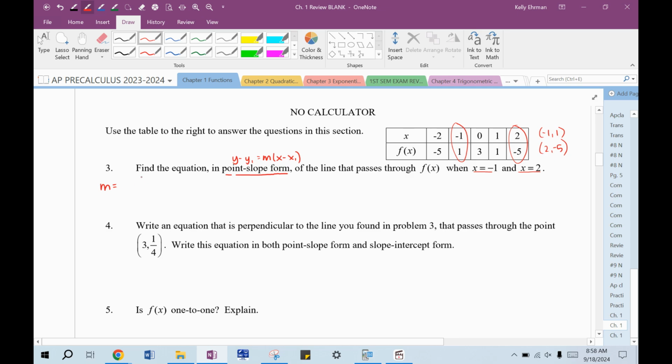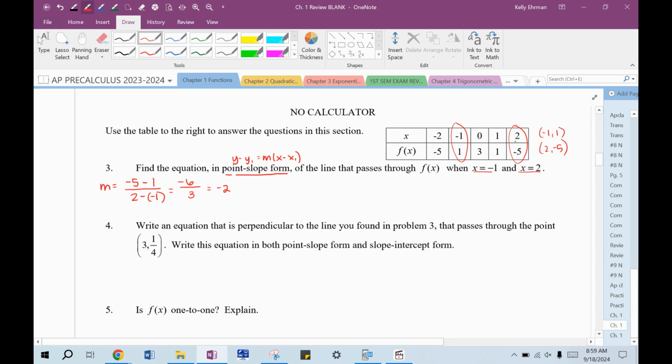And so when I'm finding my slope, I'm really saying, all right, f of 2 is -5 minus the other y value, 1, over 2 minus -1. That's -6 on top. This becomes 2 plus 1, which is 3. So the slope that we're looking at is -2.